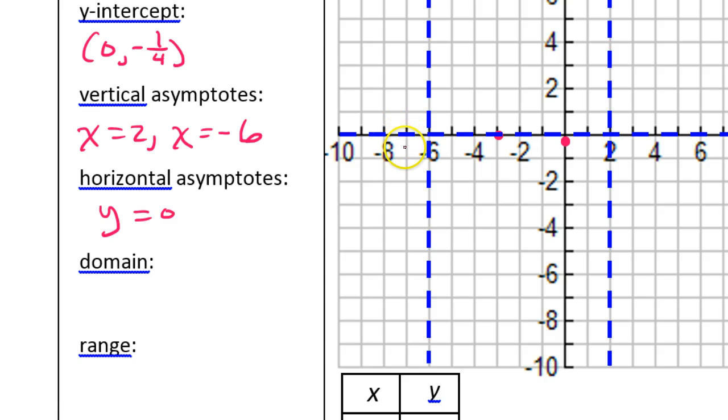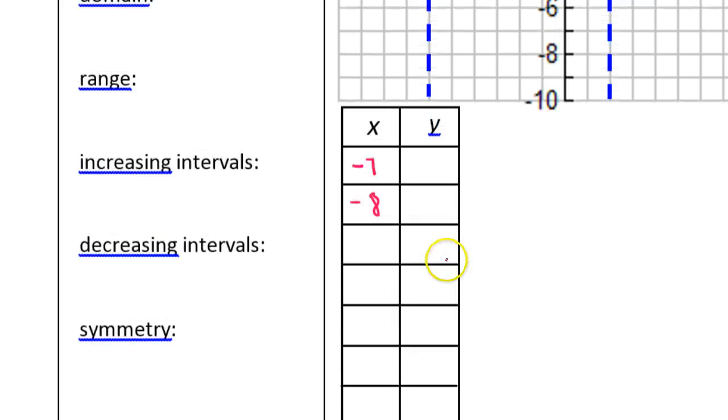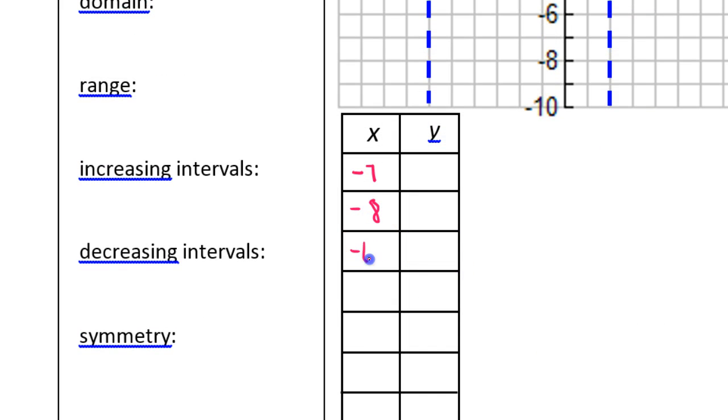Other than just doing integers, non-decimals like -7 and -8, I'm always going to pick a value that's really close to the asymptote. So instead of doing -7, -8, and -9, I'm always going to pick a value like -6.5, something that's close to the asymptote.